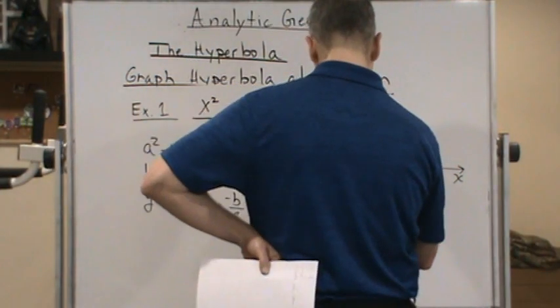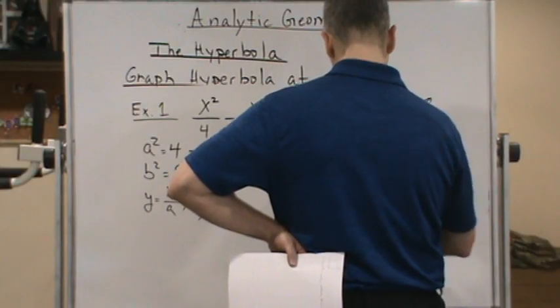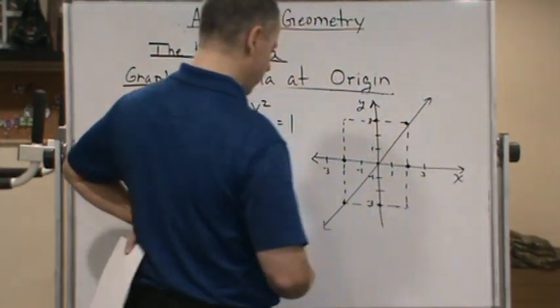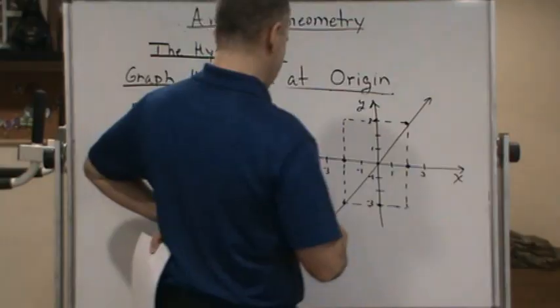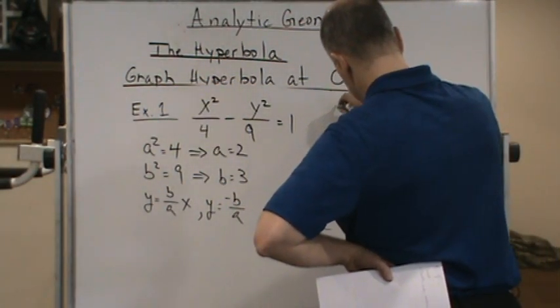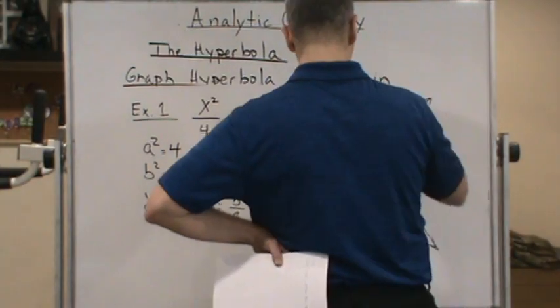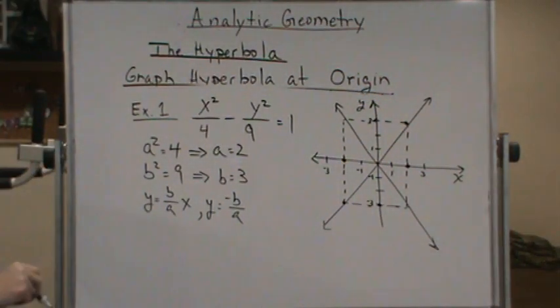So if we draw the asymptote, let's do this. Like so. So there's 1. And then let's do the other one. Like so. So there are the asymptotes. Notice they go through the corners of the box, the reference rectangle.